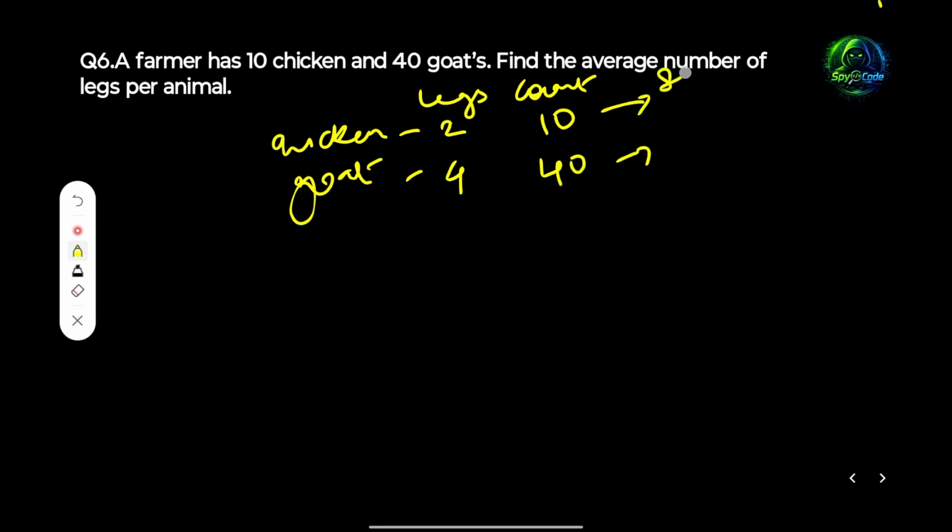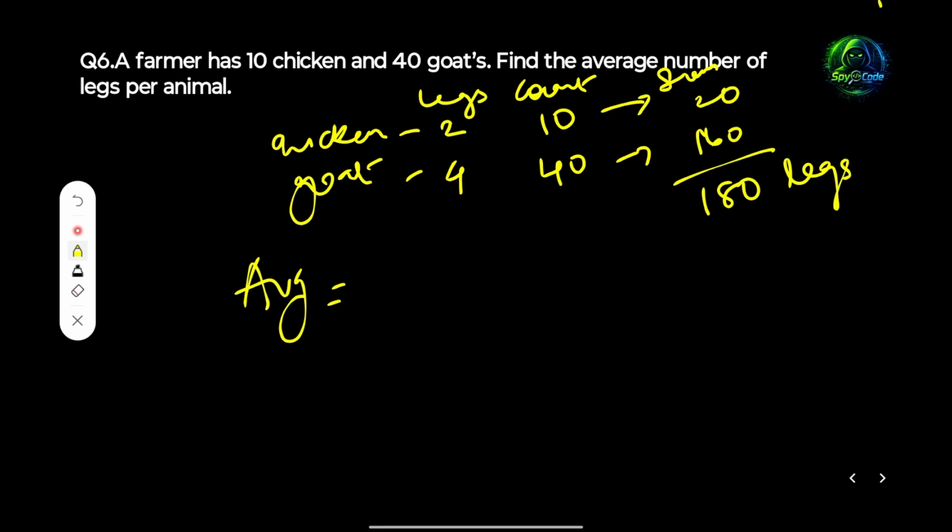So these are 20 and these are 160. So total 180 legs are there. Average legs per animal we need to find out. Total legs are 180. How many animals are there? 10 plus 40, it is 50.